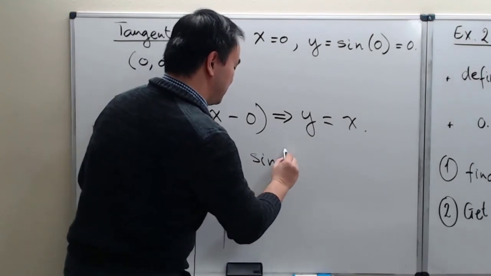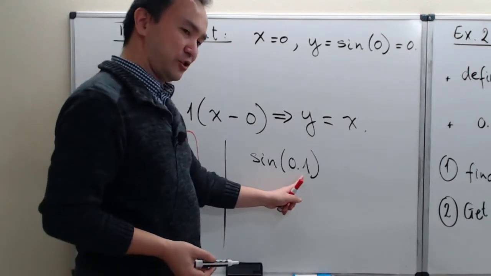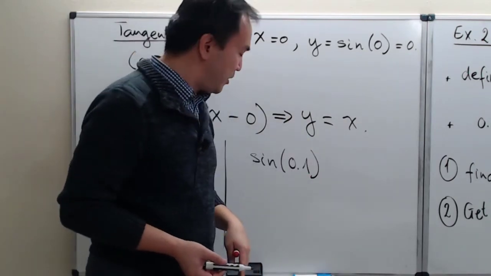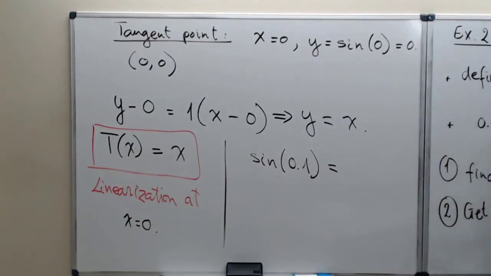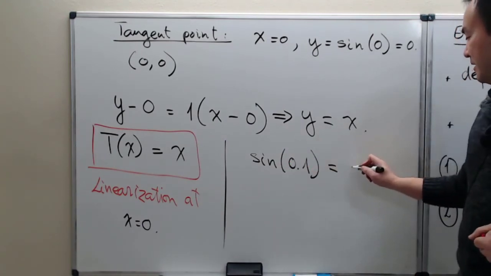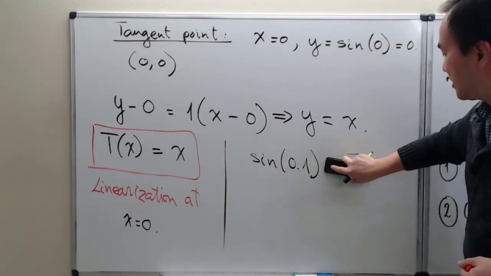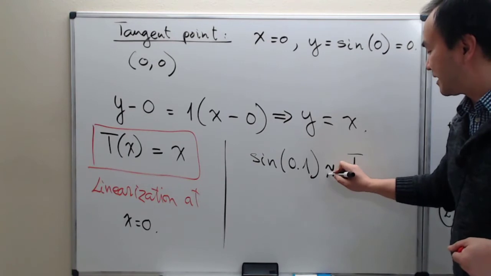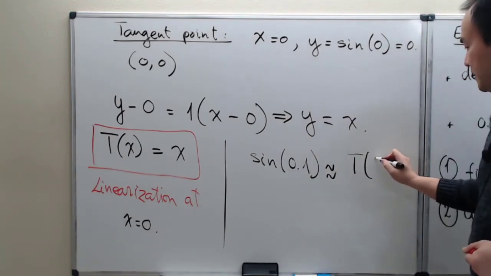Sine of 0.1. Now we're tackling down really our target right here, sine of 0.1. Let's forget about using an actual calculator, because many calculators still do not these days have an operation for a trig function. But this is approximately, I shouldn't use an equal sign because we don't find the exact value, we say approximately the value that comes out from T of 0.1.